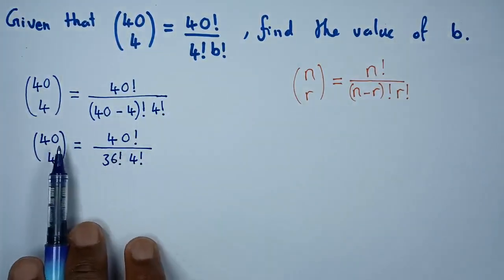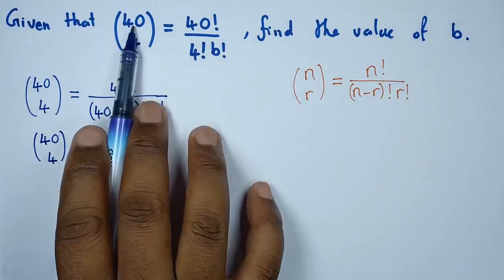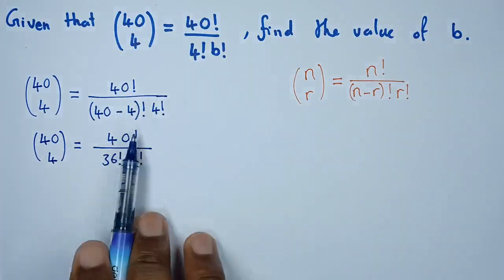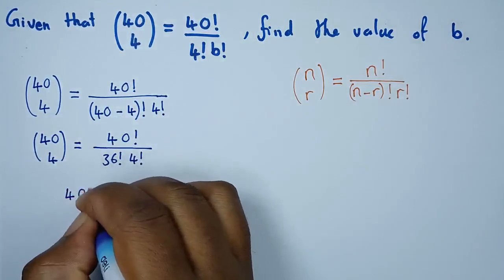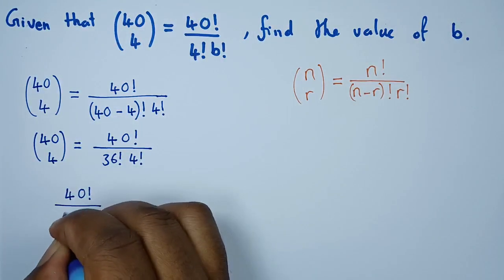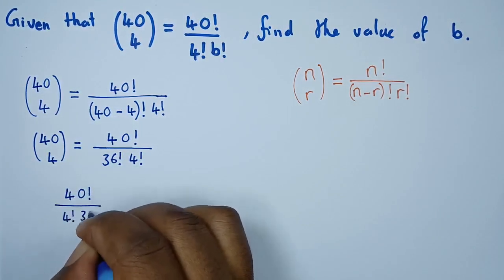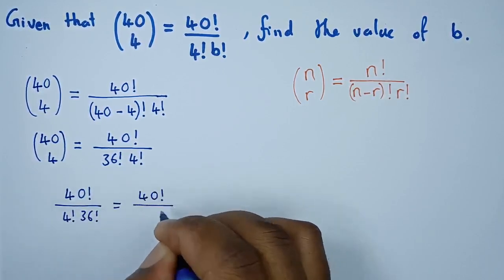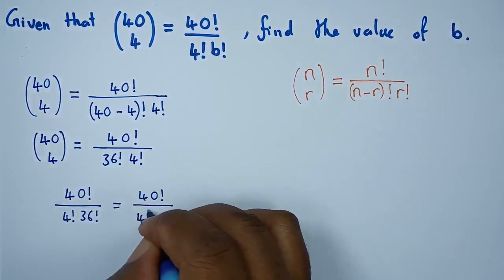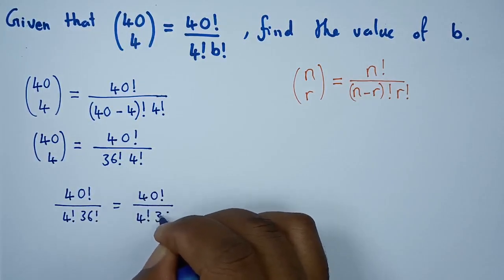Now remember, this expression is also equal to the given expression, meaning that this one will be equal to that one. So we can say 40 factorial divided by 4 factorial times 36 factorial is equal to 40 factorial divided by 4 factorial times b factorial.